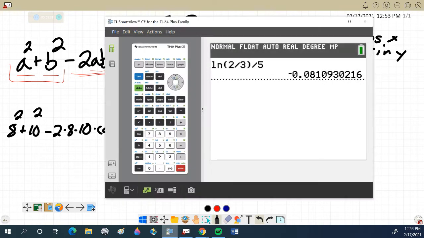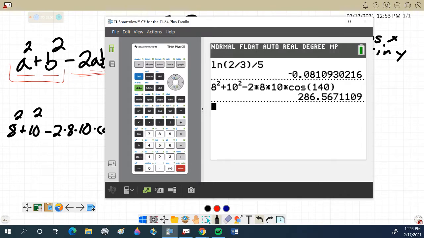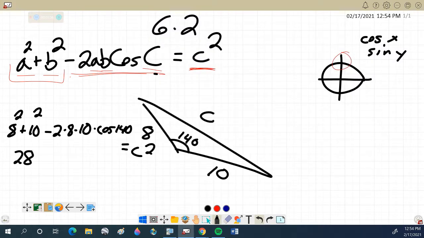So I plug all that in. 8 squared plus 10 squared minus 2 times 8 times 10 times the cosine of 140. And I get 286. So 286 is equal to C squared.